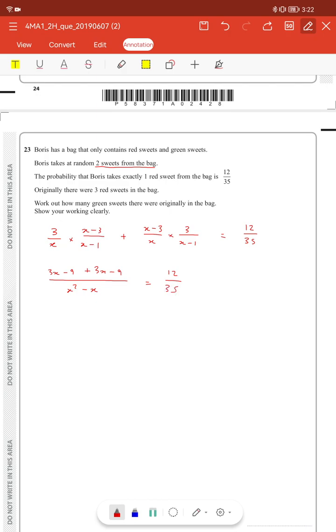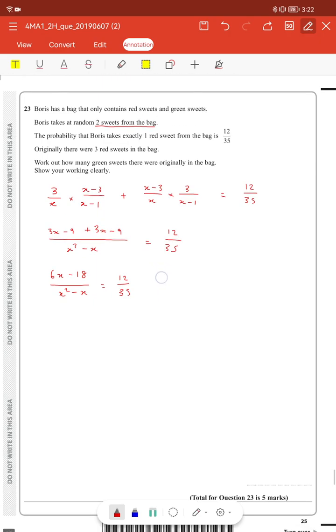And if we were to simplify that, we would get 6x minus 18 over x squared minus x is equal to 12 over 35. So I can multiply that, so 6 times 35 would be 210x, and minus 630 would equal 12x squared minus 12x.